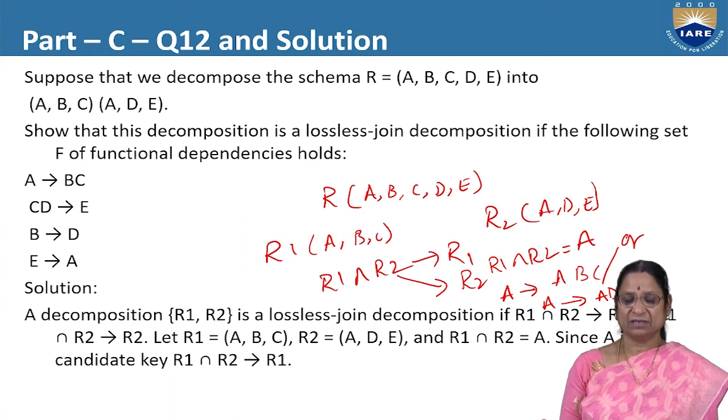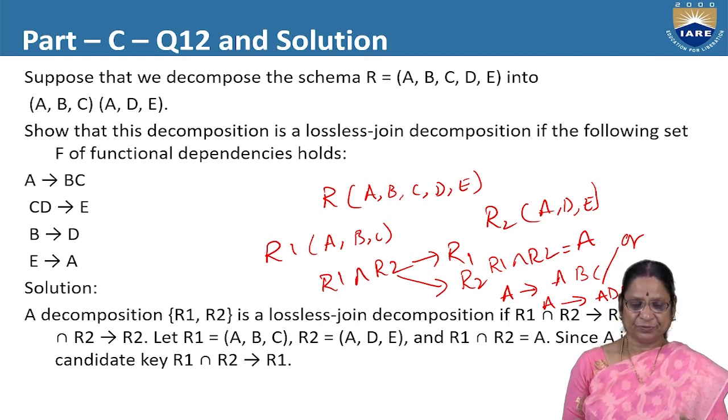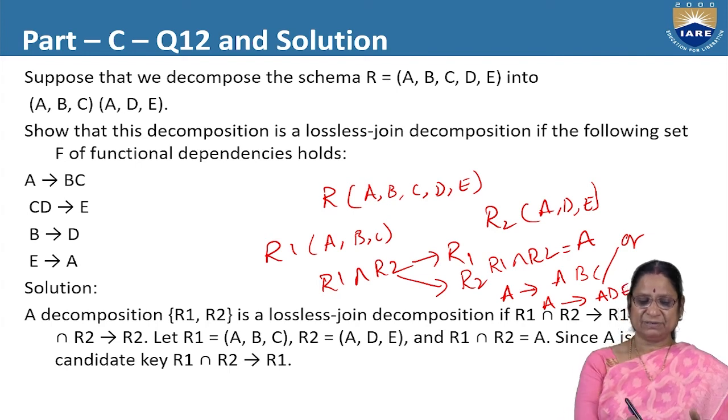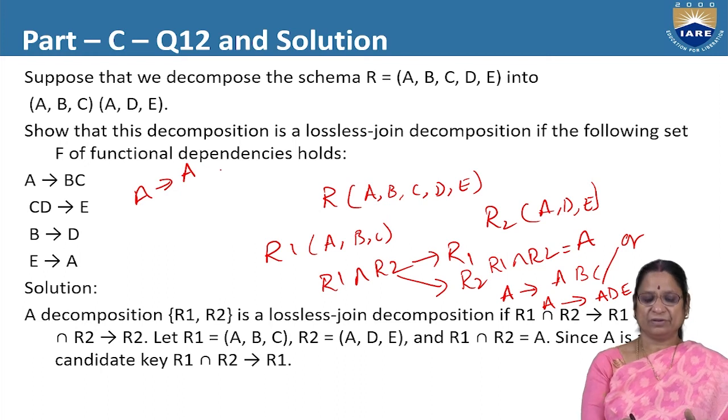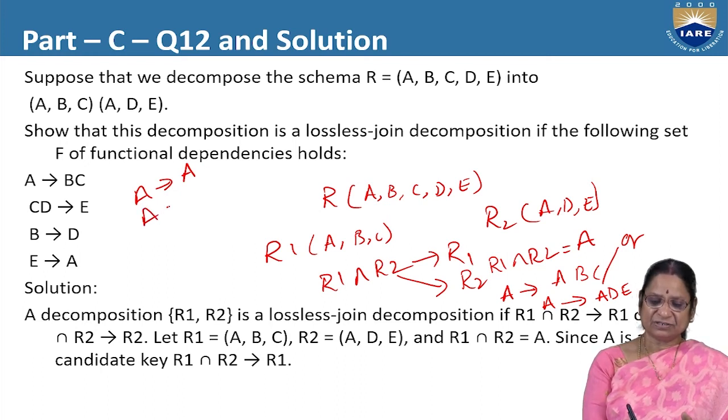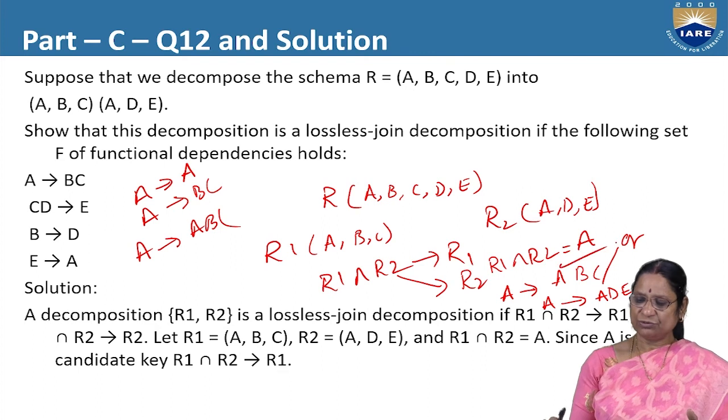In other words, A is a candidate key, so R1 intersection R2 determines R1. You observe here, we are supposed to get ABC. A determines A automatically, it is a trivial FD. And A determines BC, the first FD. With this, if you use the union operator, A determines ABC. So this holds good.